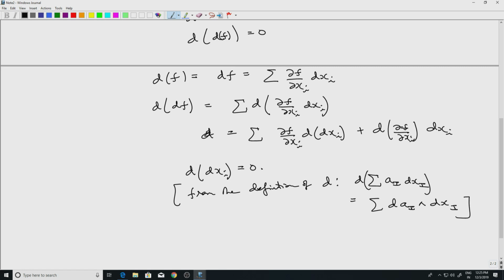So in other words, if these ai's are constants, then automatically d of that thing is 0. So in particular, d of dxi is 0.